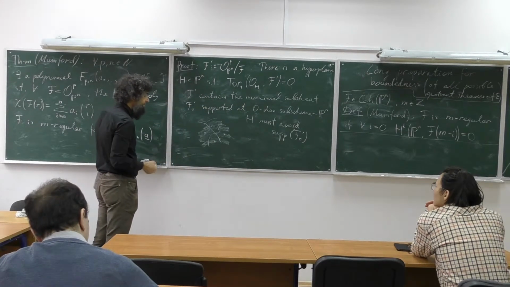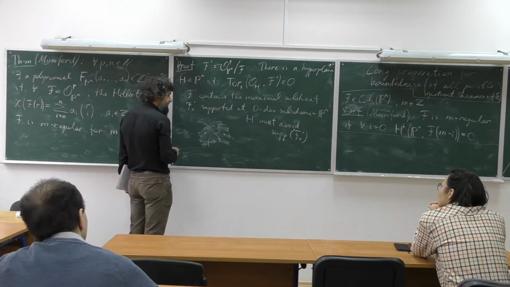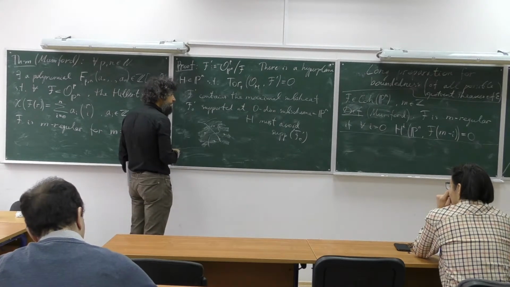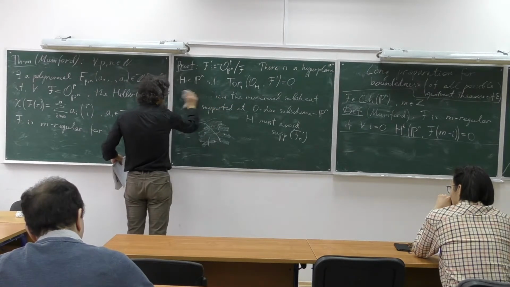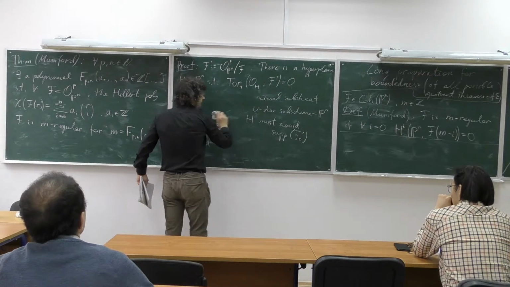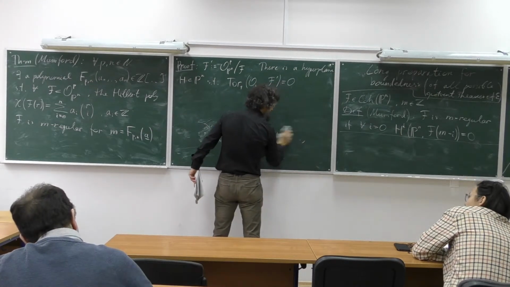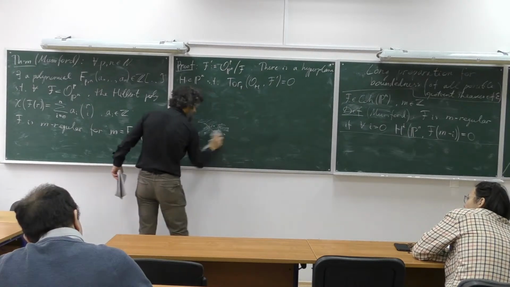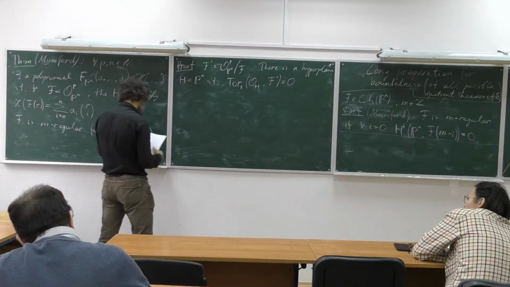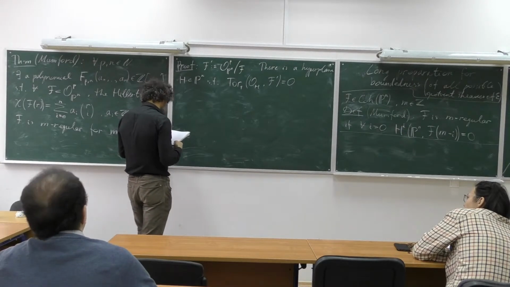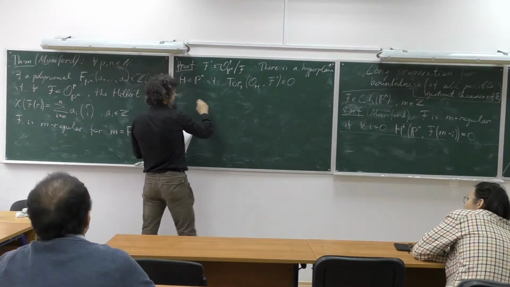Okay, and that's in your home assignment. So we know we can find such a hyperplane, and then we will somehow restrict everything to this hyperplane and proceed by induction in dimension n. So we have this short exact sequence.